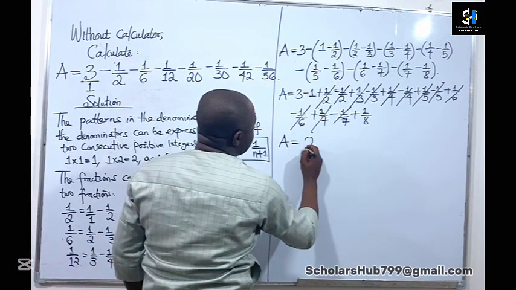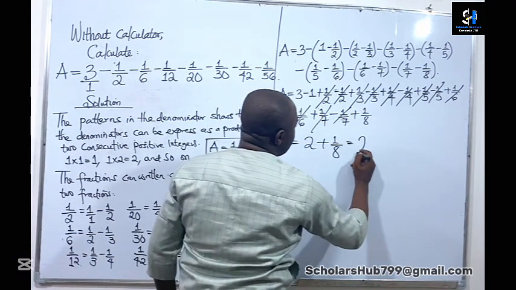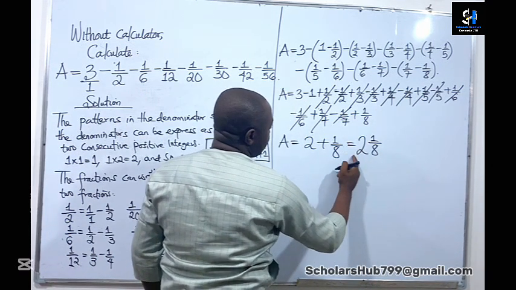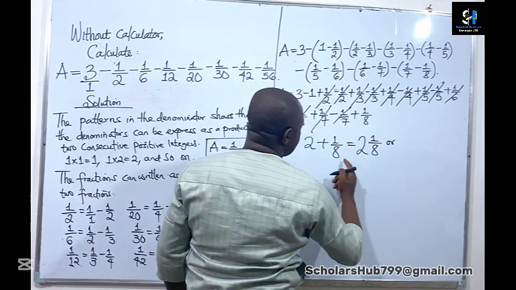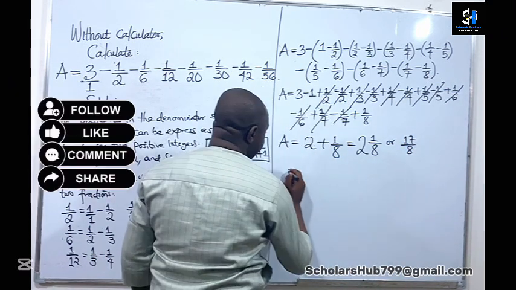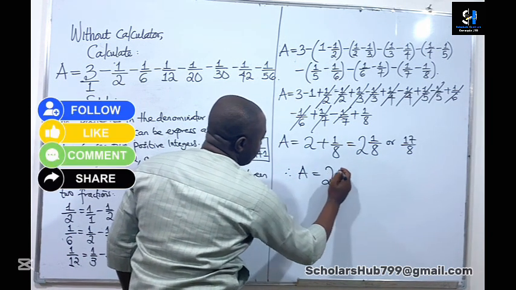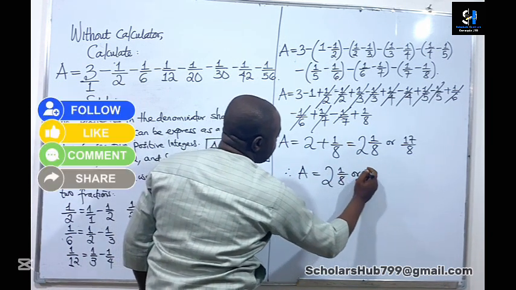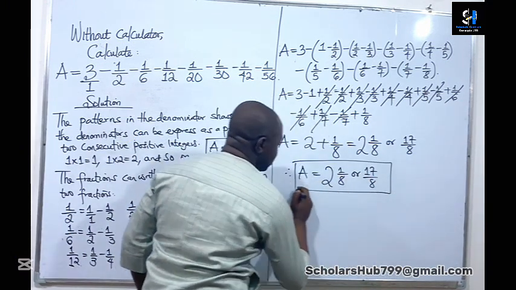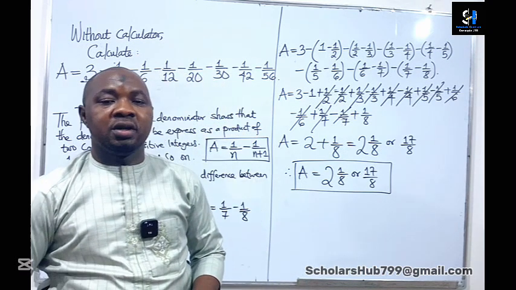So A will be equal to 2 plus 1 over 8, which is 2 and 1 over 8, or we can have this as 17 over 8. Therefore, the value of A is 2 and 1 over 8, or 17 over 8. And we just found the value of A.